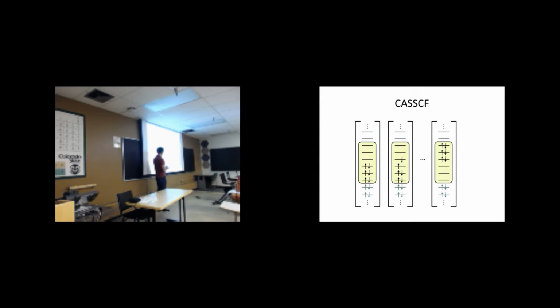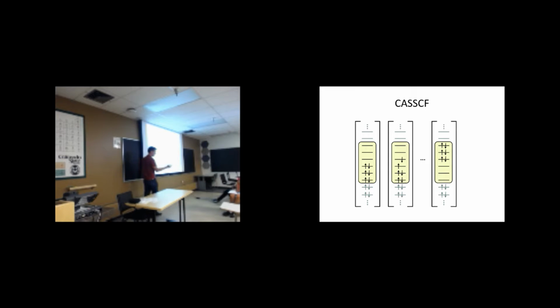What complete active space self-consistent field does is isolate electrons and orbitals in which you allow all excitations, but you only allow them in that space. So in this picture, I am isolating 6 electrons in 6 orbitals. Okay? And I'm saying I will create all possible determinants which have any possible excitations within this space.